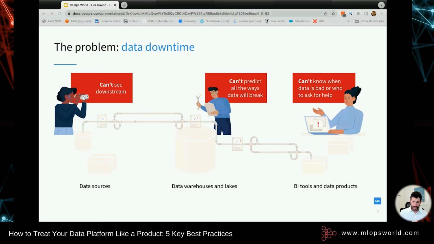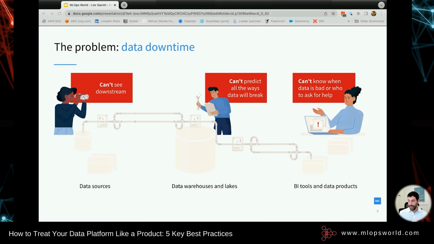And so this happens to everybody, and probably the sad news is it's going to continue to happen. As a data platform, you're actually in a position to give people tools to manage data downtime, right?